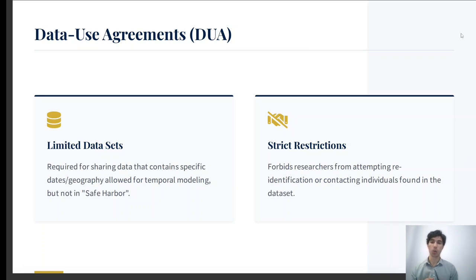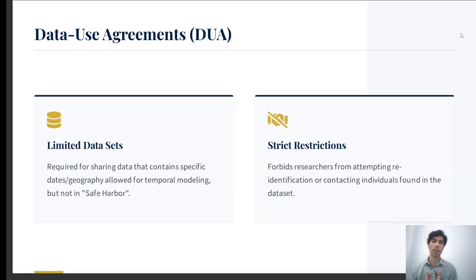Using those identifiers, we can trace back to the individual indirectly. But in limited data sets, any direct identifiers like names or social security numbers are excluded. These are sensitive because anyone can trace back indirectly to the individuals.